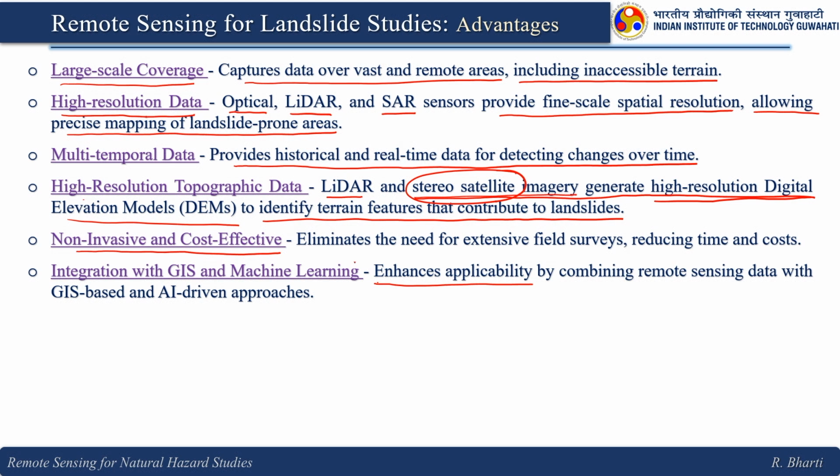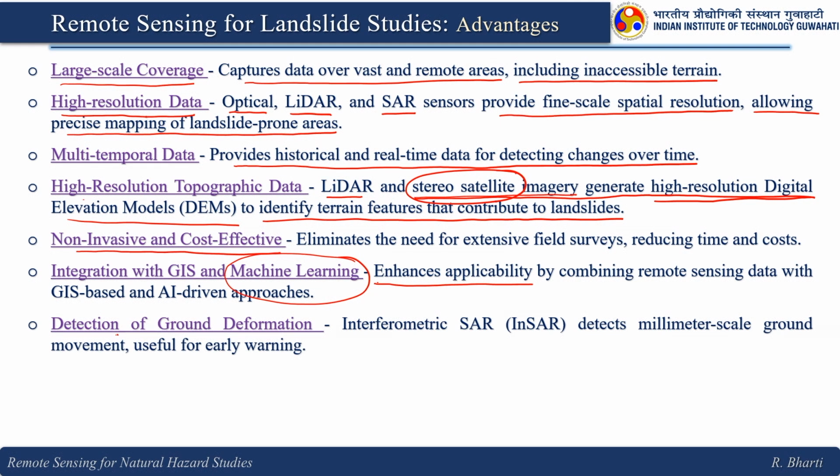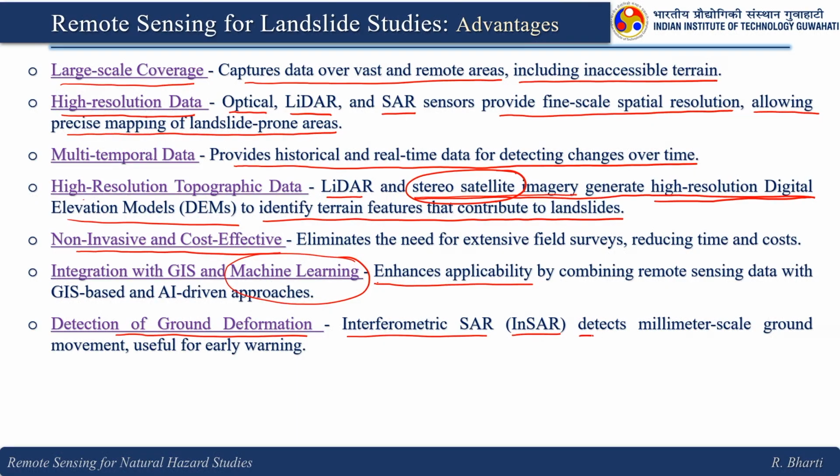So, any machine learning methods can be used here to analyze our remote sensing images. Detection of ground deformation: interferometric SAR, that is InSAR, I hope you remember, I discussed this in the remote sensing component. It detects millimeter level scale ground deformation, right, and that can be used for the early warning system.